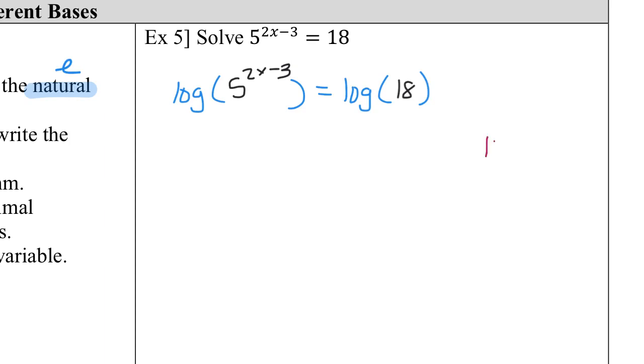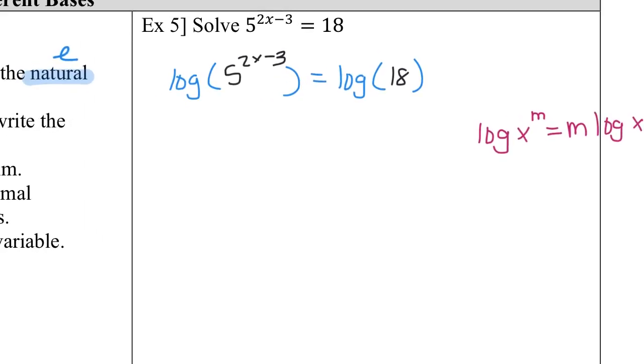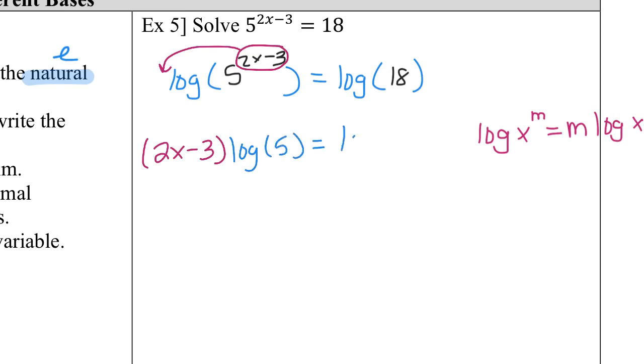If it was log of x to the m, I could take that exponent and put it down in the front and make it m times the log of x. So I'm going to pull this down to the front and keep it in parentheses since it's more than one thing. Now I have 2x minus 3 times log of 5 equals log of 18.